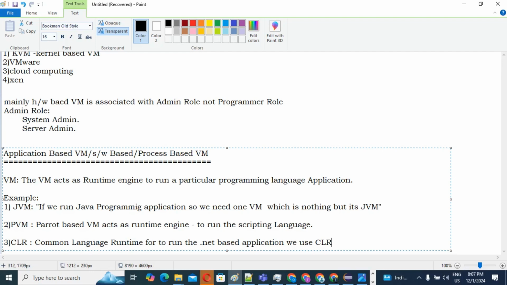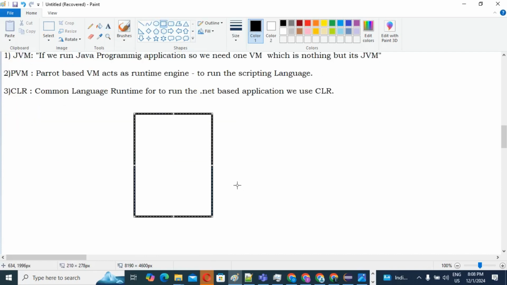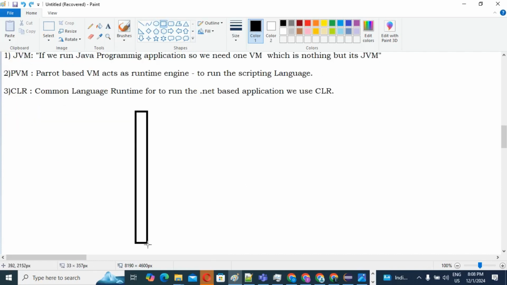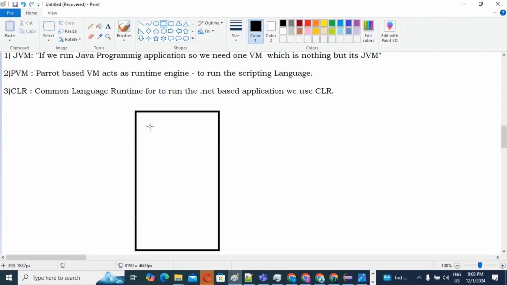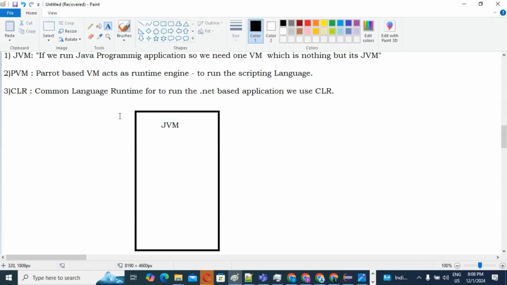Great. So what did we understand here? I will show it with one diagram. Suppose we are going to use the JVM, the Java Virtual Machine.